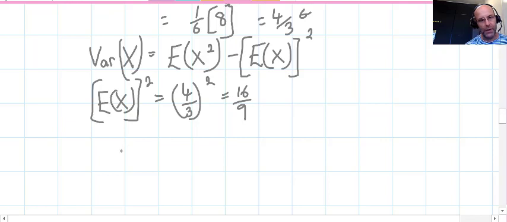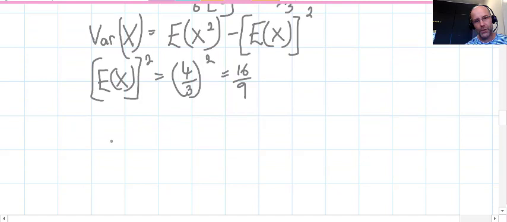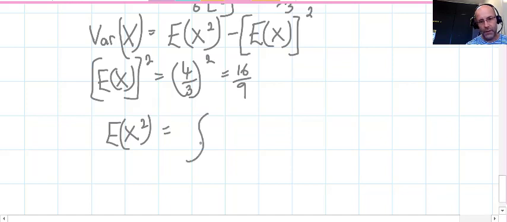Now for E of X squared, which we covered in the previous video, it's composition of functions. So E of X squared is, instead of x times f of x dx, it's x squared by f of x in the integral.